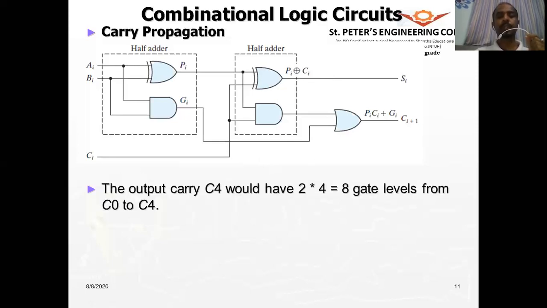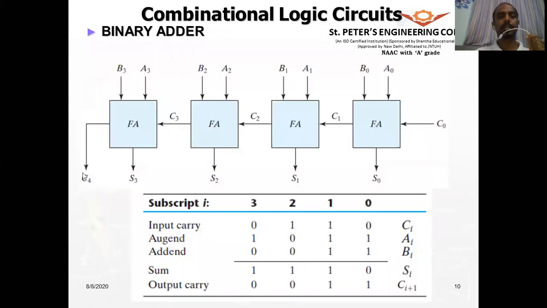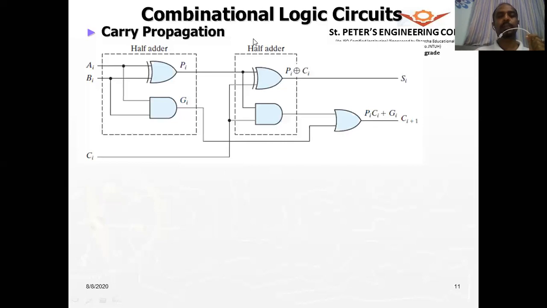So if you go back to the previous circuit, let us come back here. Yeah, here is the C4. So each full adder has 4 gates here, right? I mean 1, 2, 3, 4. Or rather 2 half adders. So it has 2 stages. So it has to propagate from here to here. If a carry is generated, that has to go.